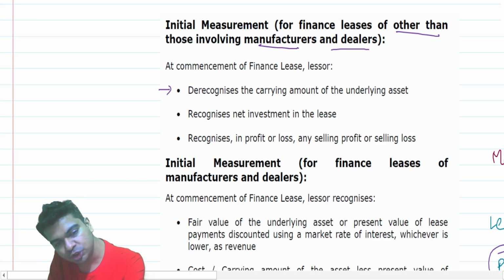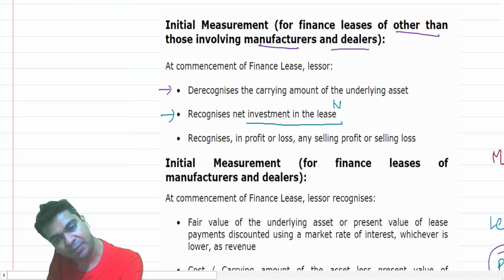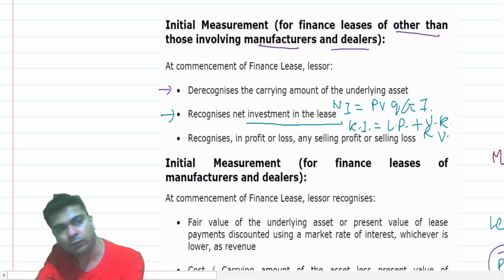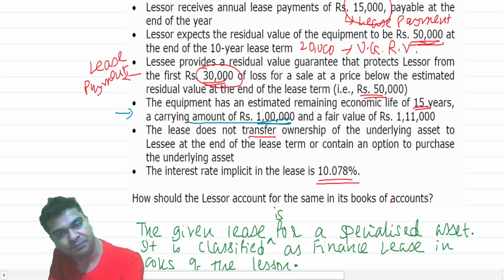Second, they are saying that you should recognize net investment in the lease. Remember, net investment in the lease is present value of gross investment. And gross investment is lease payment plus unguaranteed residual value. So if we check with the question, lease payments, 15,000 is a lease payment.